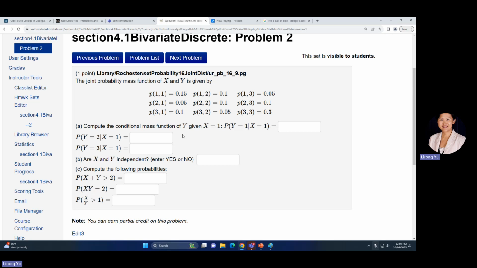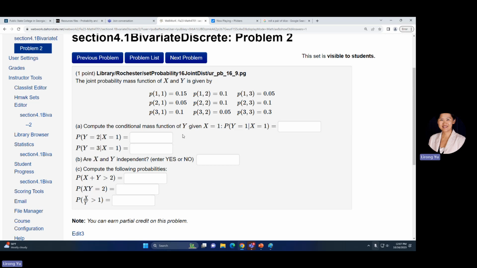The last part, part C, is very much the same type of question as problem 1, but this one is useful because conditional probability allows us to figure out if they're independent. For example, if the probability of A given B equals the probability of A, then they're independent.